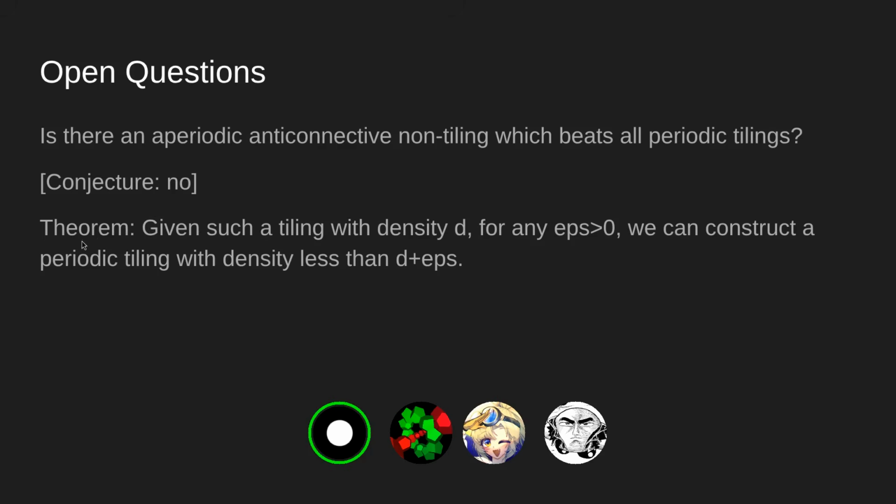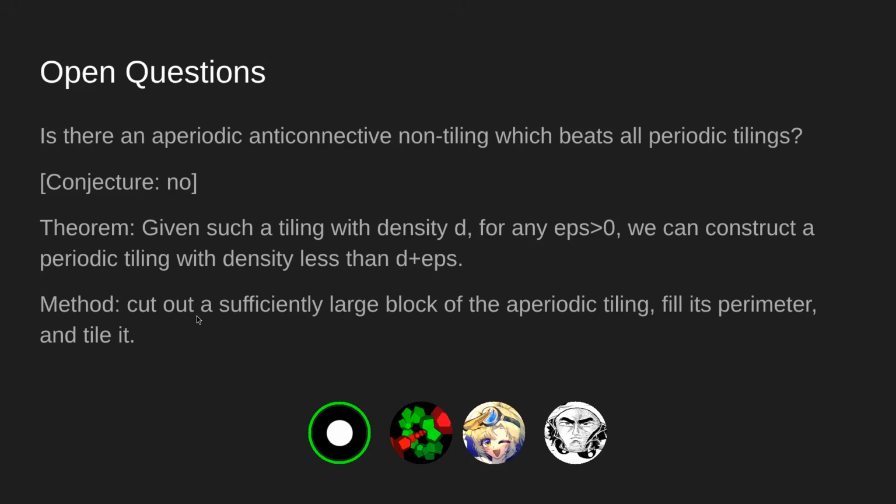So a brief proof of that is, given such a non-tiling pattern that has density D, choosing some epsilon greater than 0, we're going to construct a periodic tiling that has density less than D plus epsilon.